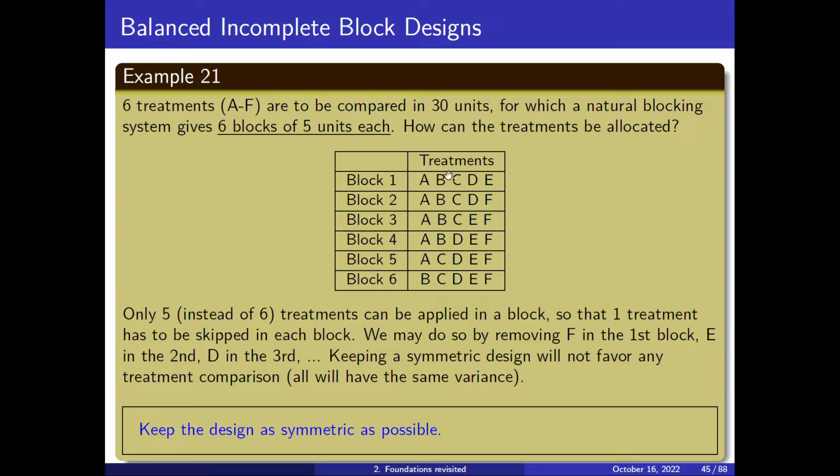So in the first block we remove F, in the second block you remove E, in the third one you remove D, and so on. So this design is rather symmetric. In each one of the blocks you are removing only one treatment, and this treatment is different for each one of the blocks. So all this symmetry, or all this comparison between pairs, will be symmetric, so that they will have the same variability.